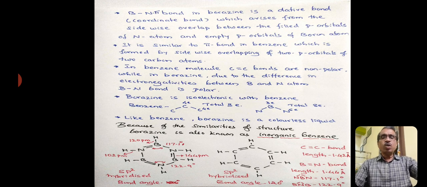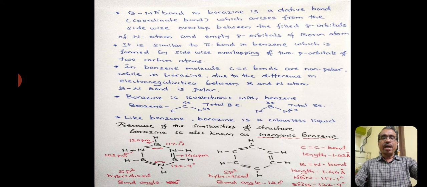It is similar to the pi bond in benzene, which is formed by sidewise overlapping of two p orbitals of two carbon atoms. In benzene, the C=C bonds are non-polar, while in borazine, due to the difference in electronegativities between boron and nitrogen atoms, the B-N bond is polar.